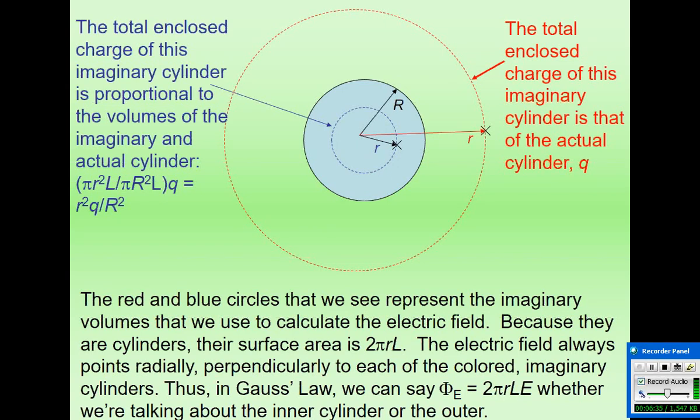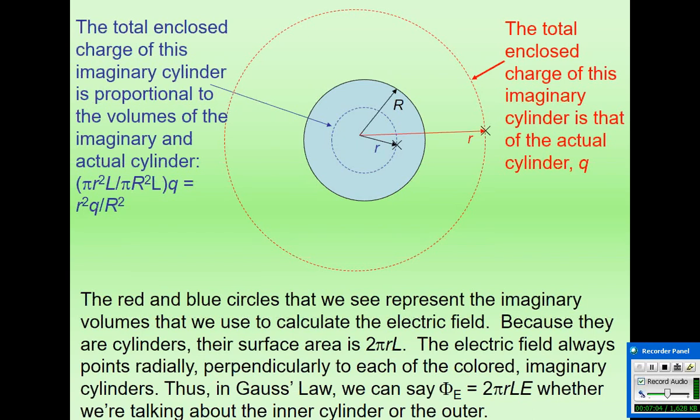And this is why we choose a shape that is symmetric with respect to the actual charge distribution. Our actual charge distribution is cylindrically symmetric, so we will select an imaginary shape that is cylindrical. And by doing that, it makes the expression for the flux not so bad.